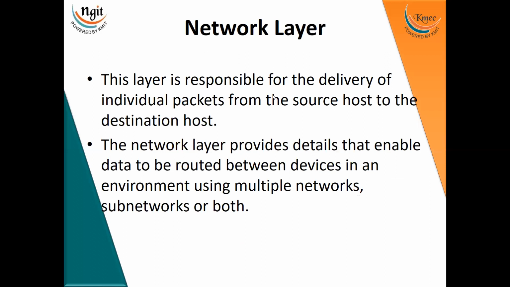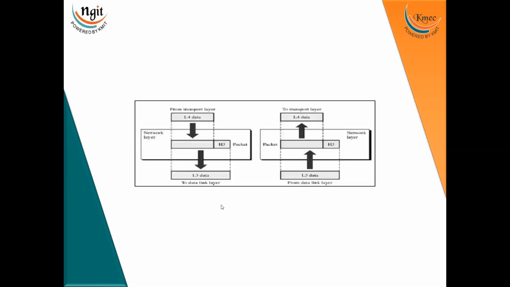This layer is responsible for the delivery of individual packets from the source host to the destination host. This network layer provides the details that enable packets to be routed between devices in an environment using multiple networks, subnetworks, or both.